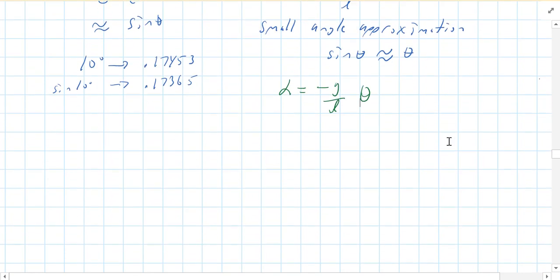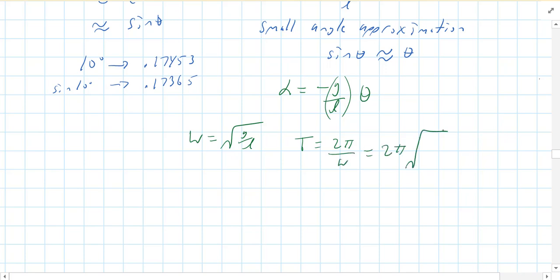All right, now having said all that, whatever's in front of the theta is omega squared. So omega would be root g over L. Period would be 2 pi over omega, which is 2 pi, the reciprocal of root g over L, which is root L over g.